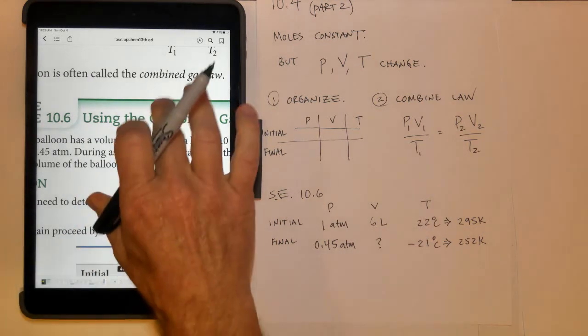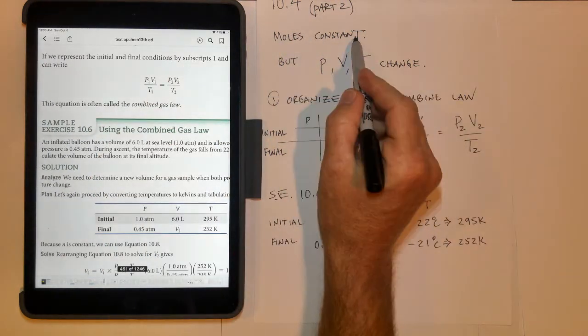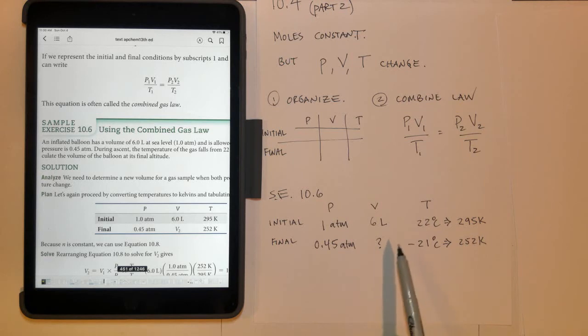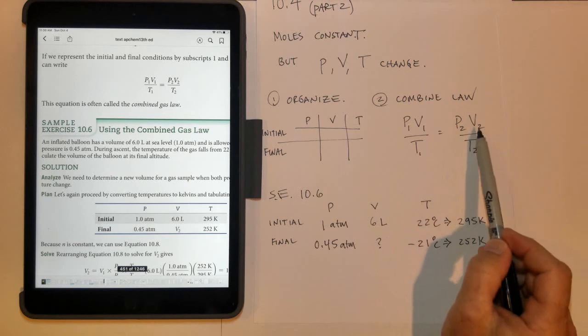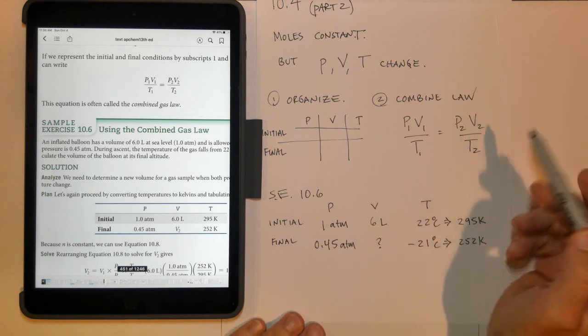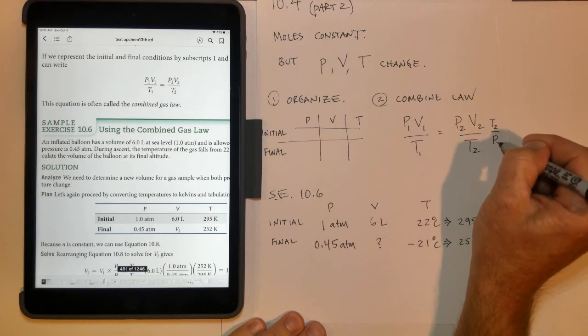Notice it's a balloon that's sealed shut, and so the number of moles remains constant. We have initial and final conditions, so I know I'm in a combined gas law type problem. For these types of problems, I always like to solve for the final variable, and we're looking for volume 2, the final volume. To rearrange this equation, I'm going to multiply this side of the equation by T2 over P2.